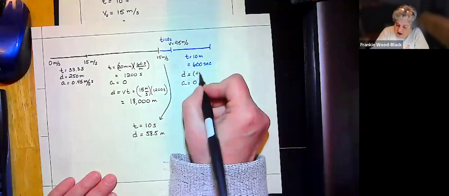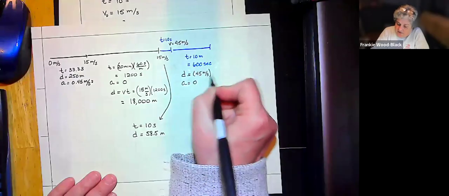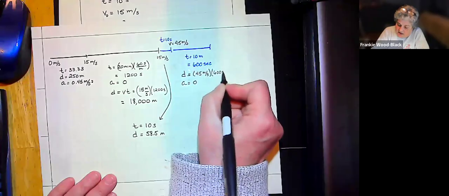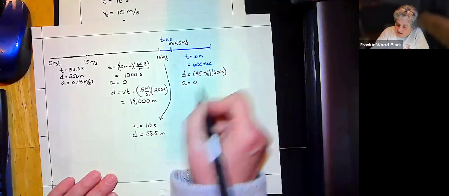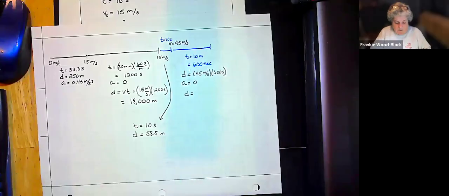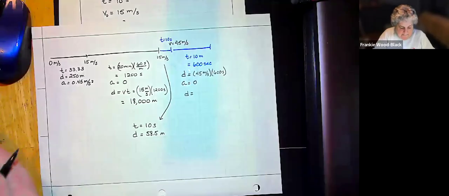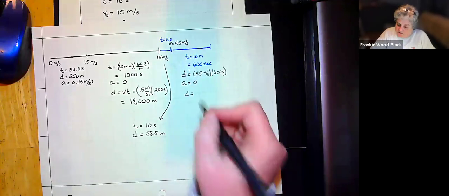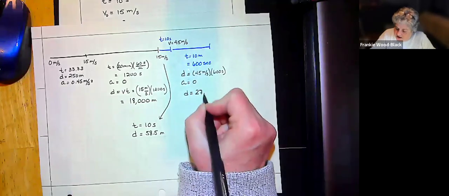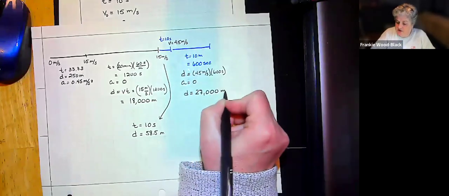That's my 45 meters per second times my 600 seconds. So distance is going to equal 2,700 meters.